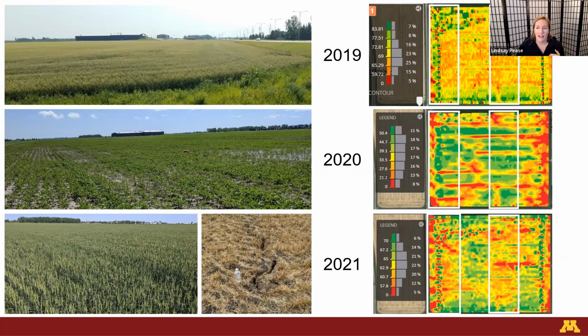Something to look at here, and you can sort of visually see it here, but it's a little bit easier to see on the next slide, is that we have higher yields in our drained spaces in 2020, but then maybe slightly lower yields in our drained spaces in 2021.